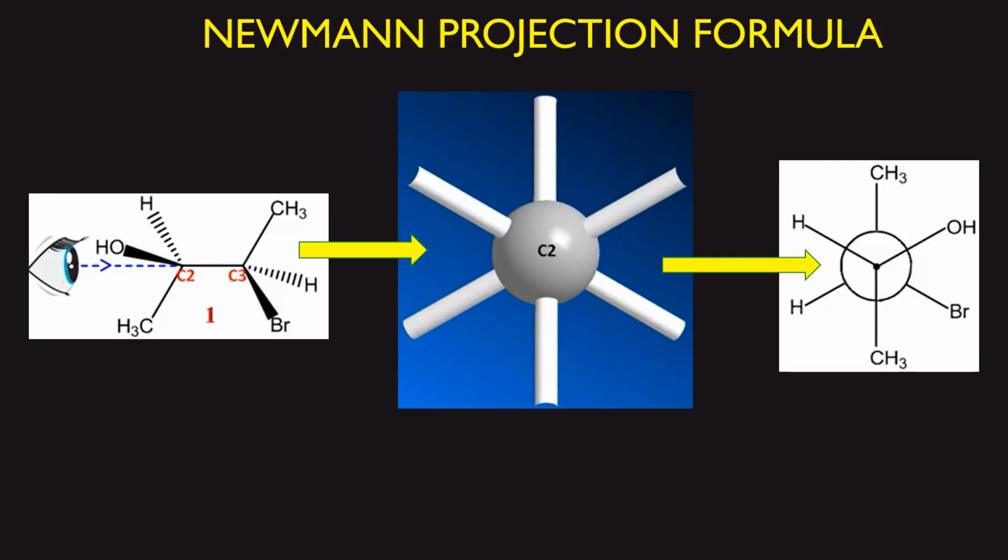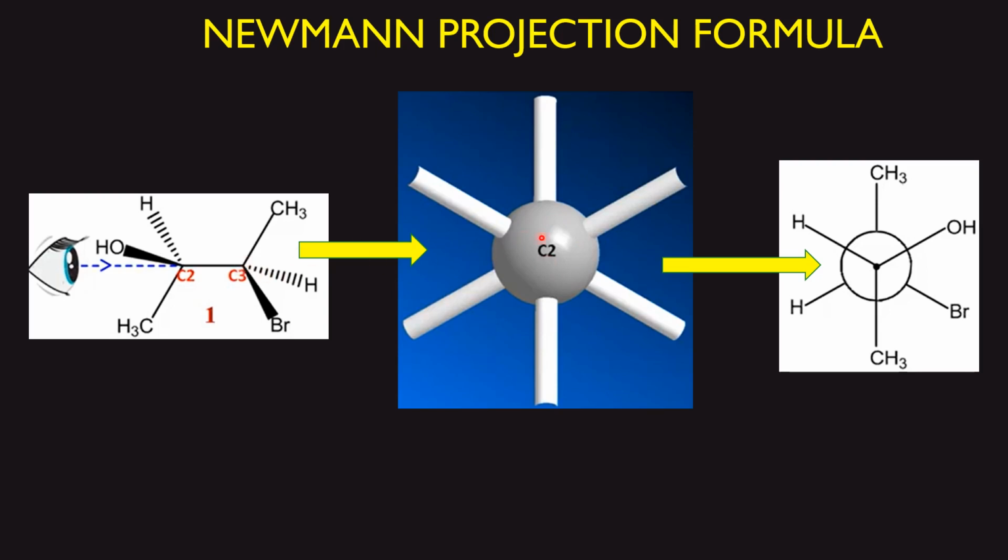We shall convert the perspective formula of 3-bromo-2-butanol into Newman projection. I am viewing this molecule 3-bromo-2-butanol by standing near the C2 carbon, C1, C2, C3, C4. I am viewing the molecule by standing near C2. This is the front carbon that is taken as the ball here.